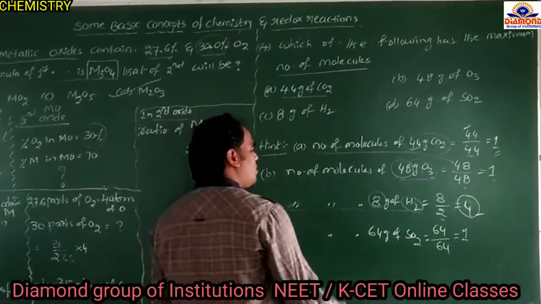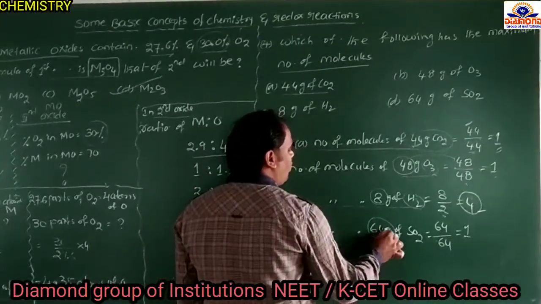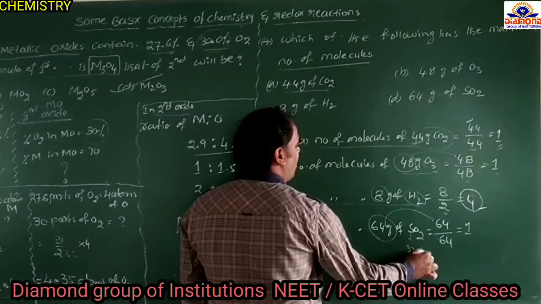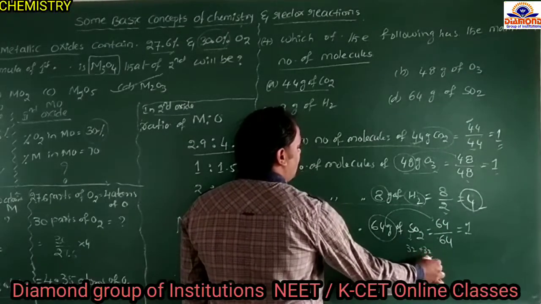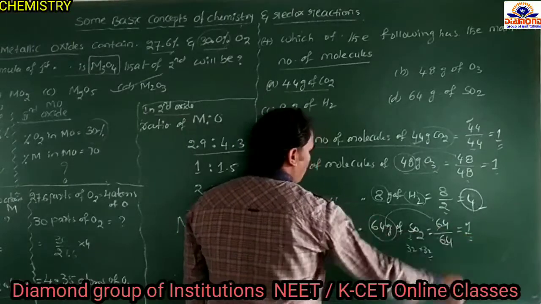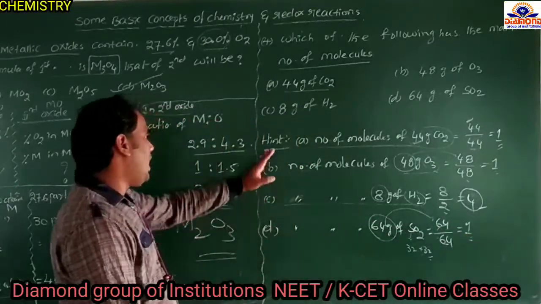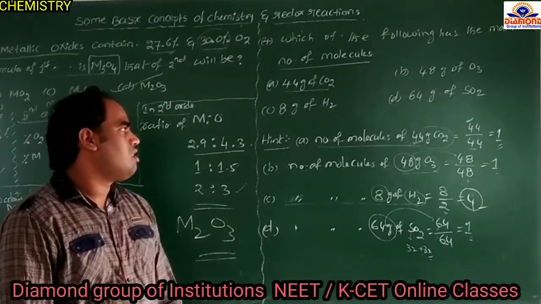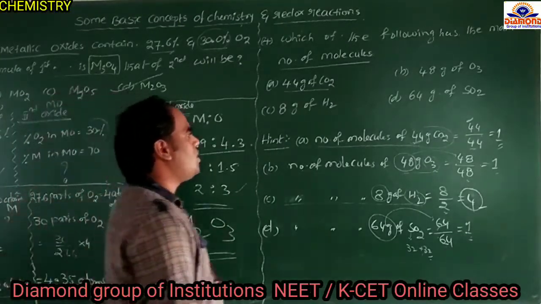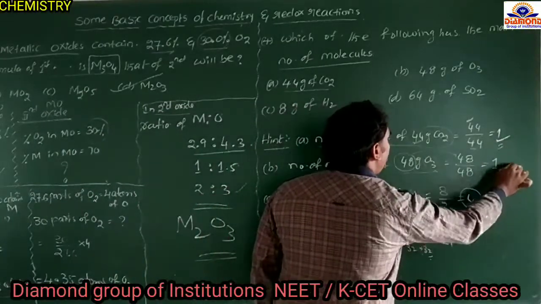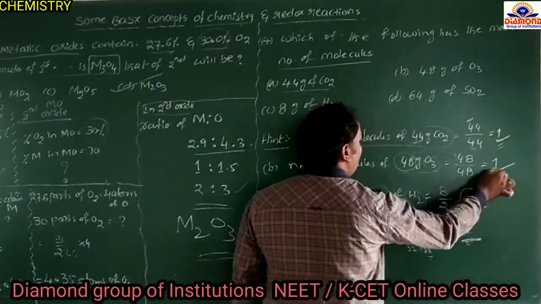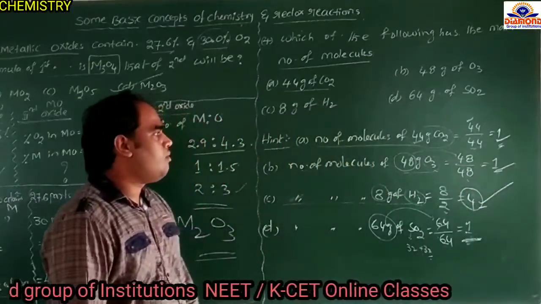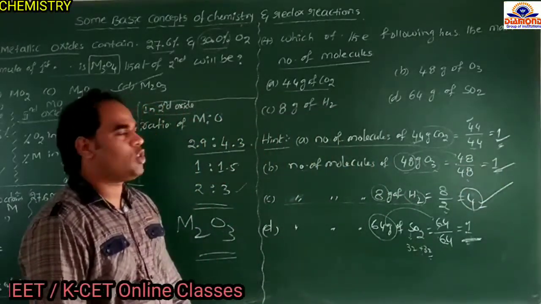Sulfur is 32 and oxygen 16 plus 16, so 32 plus 32 is 64, giving 1 mole. So in A, B, C, D, option C contains more moles. The remaining A, B, D have a value of 1, but in option C the number of moles is 4.